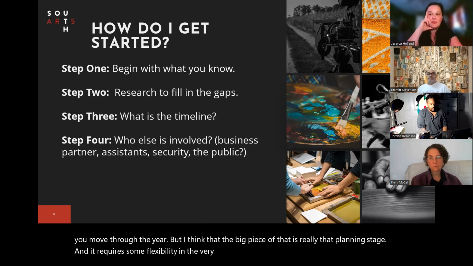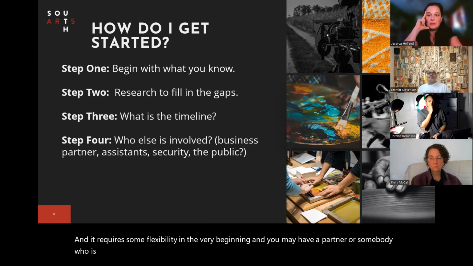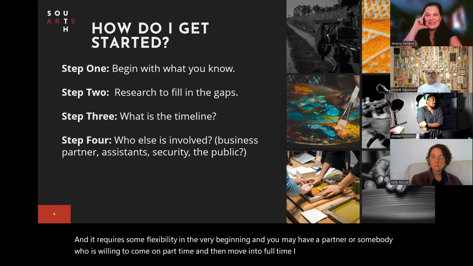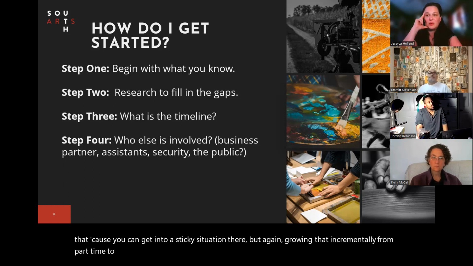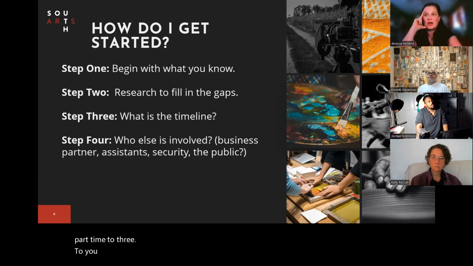And you may have a partner or somebody who is willing to come on part time and then move into full time. I wouldn't promise anybody that because you can get into a sticky situation there. But again, growing that incrementally from part time to three-quarters to now the full year is something that I would look at doing.